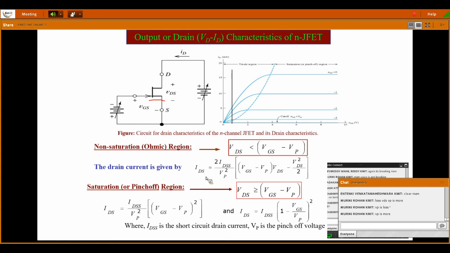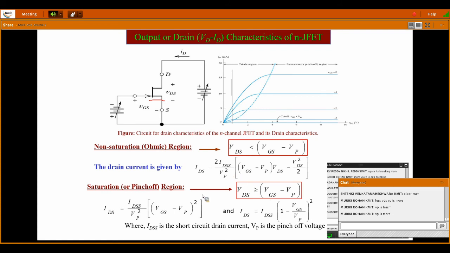The drain current in the ohmic region is given by IDS is equal to 2 IDSS by VP square into (VGS minus VP) into VDS minus VDS square by 2. No need to worry, just remember these equations. We will do some problems, but they will be mostly based on the previous drain current equation. You just need to understand these relations.